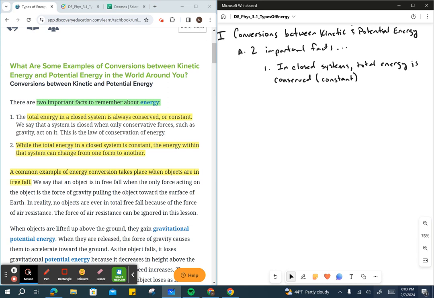Number 2, while the total energy in a closed system is constant, the energy within that system can change from one form to another. Okay.